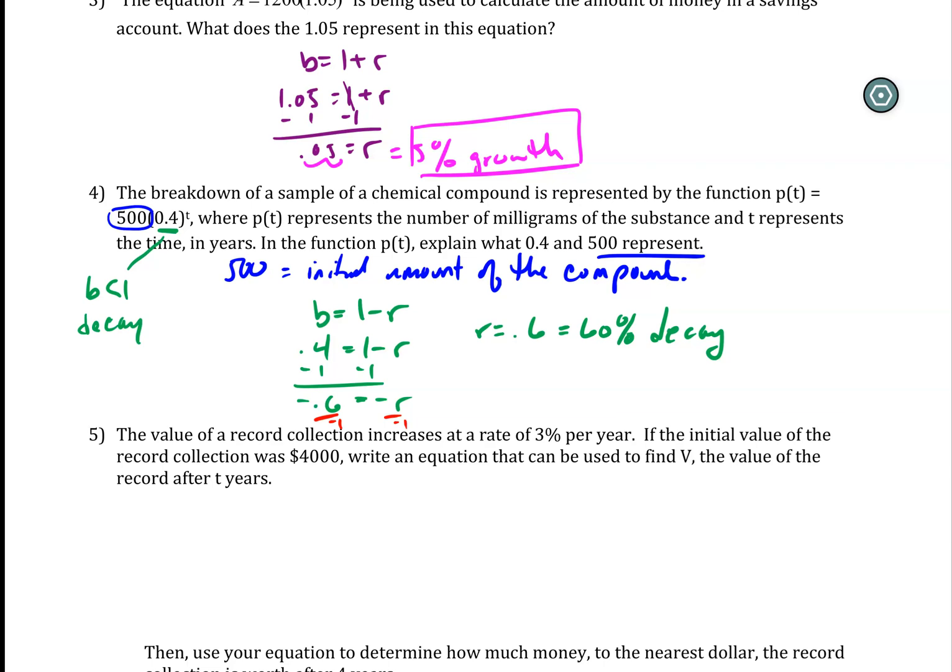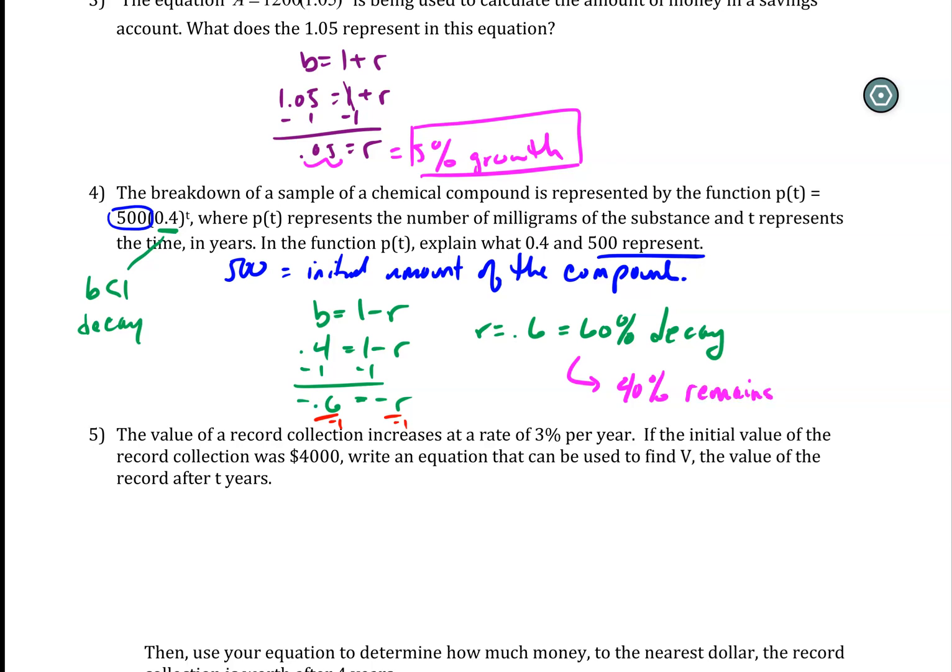That's what's happening here. But specifically, it wants to know what the 0.4 is. Well, if 60% is decaying, that would mean that the other amount, what's left over, is what remains. So out of the 100%, if 60% was utilized, then here that 40% remains.